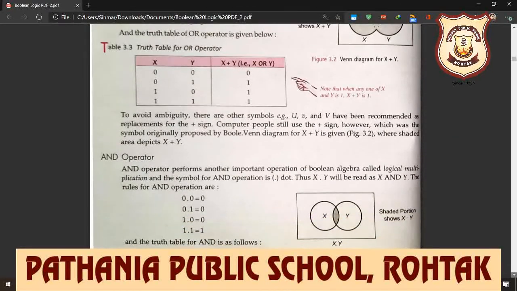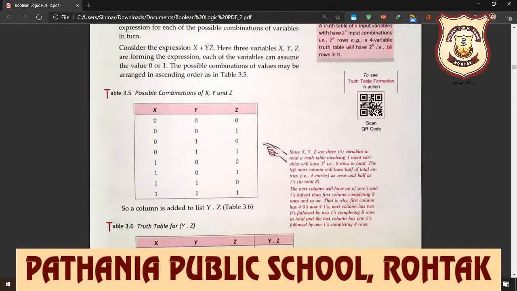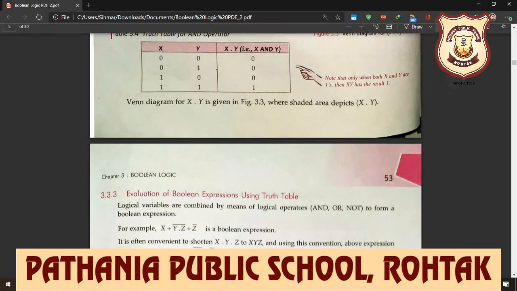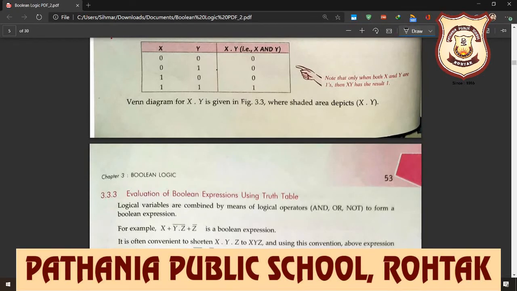We have already discussed this topic, Boolean expressions using truth table.